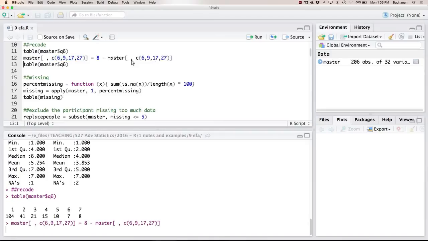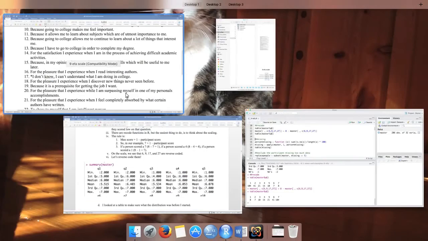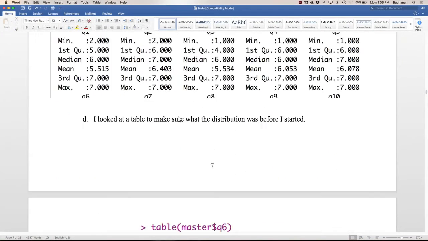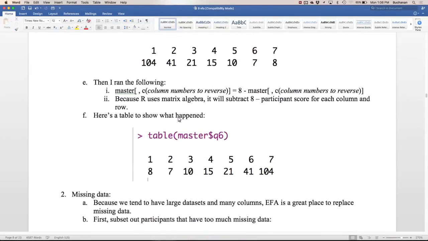Okay. So if I do that, and then I look at my table just to show what I did was correct, you'll see that the table should just take all these numbers and flip. So what happens is R does matrix algebra, and through the magic of matrix algebra, it basically takes 8 minus each score individually.